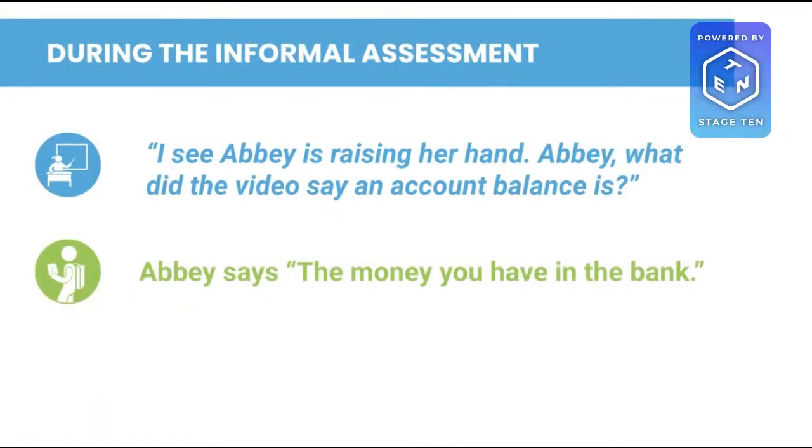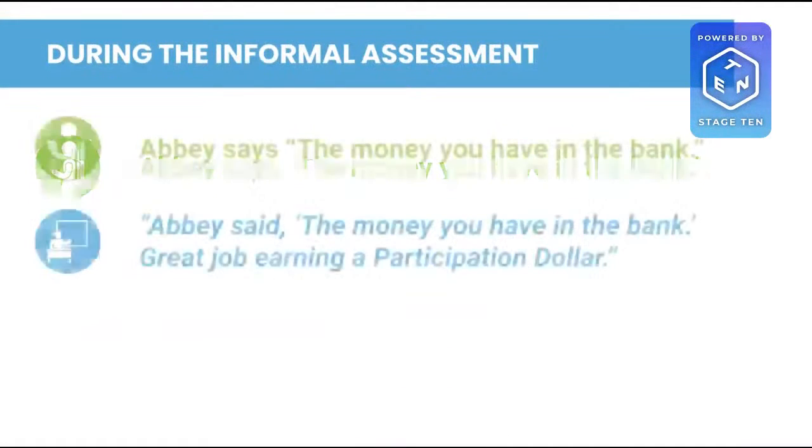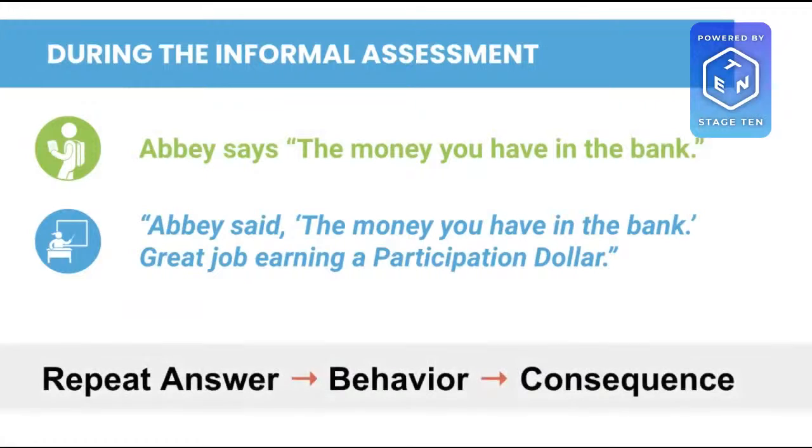Then Abby provides a correct response by saying, "It's the money that you have in the bank." Then she is reinforced with a participation dollar. The teacher says, "Abby said, 'It's the money that you have in the bank.' Great job earning a participation dollar." This strategy diverts the attention away from Drew and toward a student who is displaying the expected behavior.